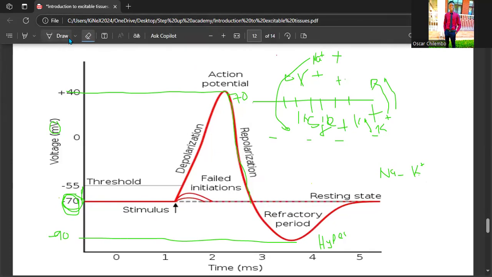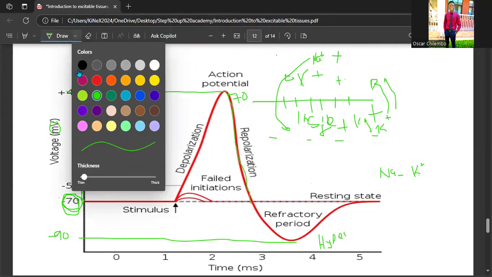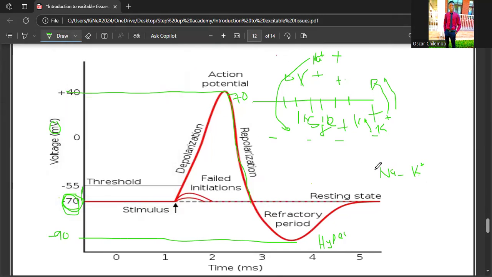It pumps about 3 molecules of sodium inside the cell and 2 molecules of potassium outside the cell.